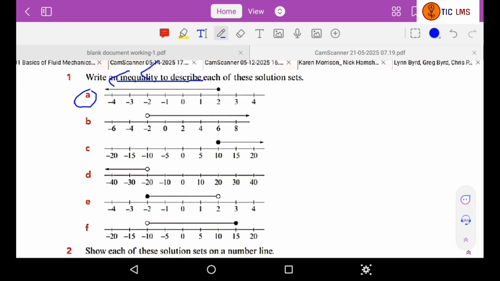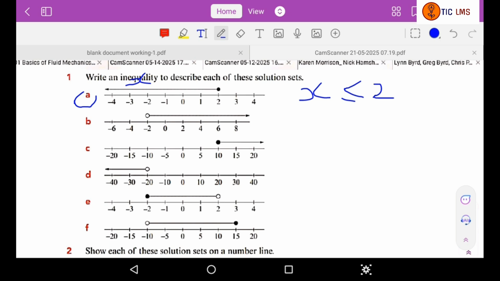So we're going to say that x, which is what we have on the left, is less than or equal to 2. I want you to take note that if it was just an ordinary circle without anything shaded, there won't be an equal to there.